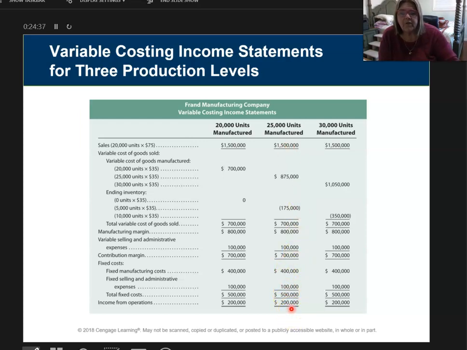It's only 200,000, whereas absorption would be 280. And if I even looked at 30,000, it would still be the same. So these are three different production levels. This is just food for thought. This is the end of this video, and we'll start another video shortly.